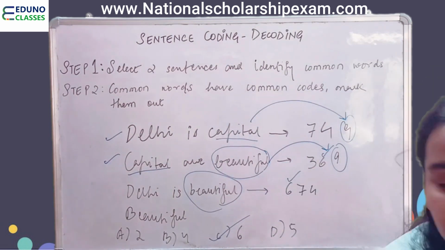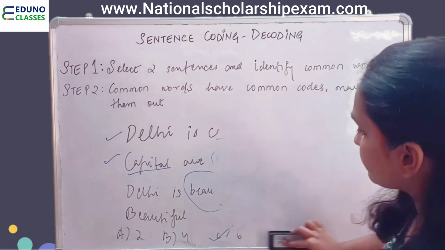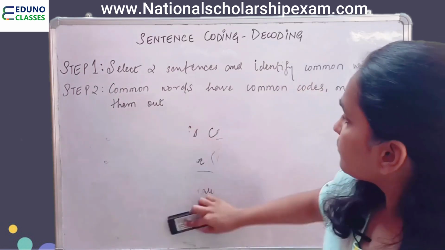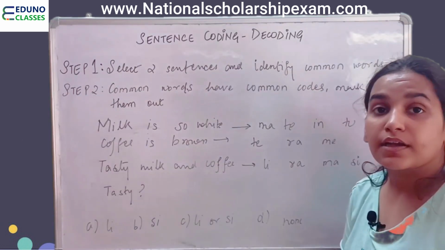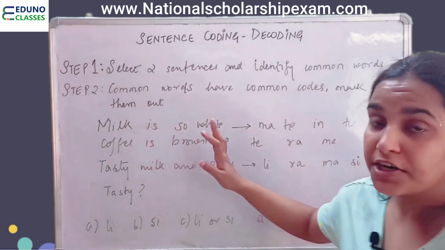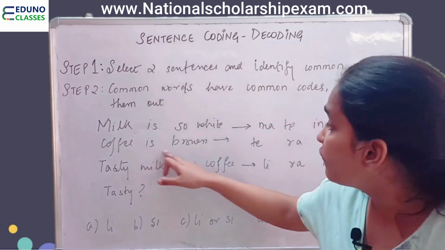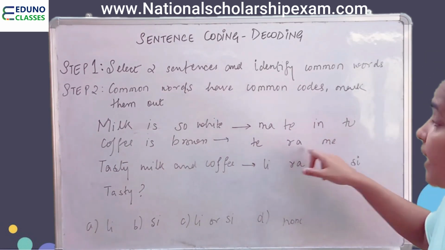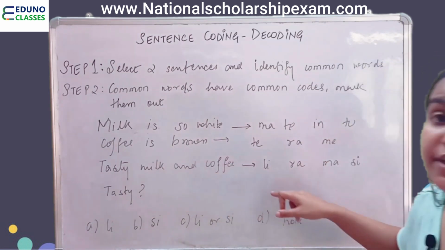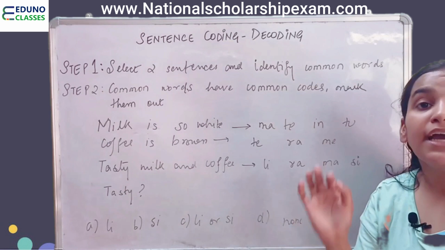Let us solve another question. Now students, we have this question in front of us. Milk is so white is coded as ma te into. Coffee is brown is coded as te ra mi. Tasty milk and coffee is coded as li ra ma si. What is the code of the word tasty?